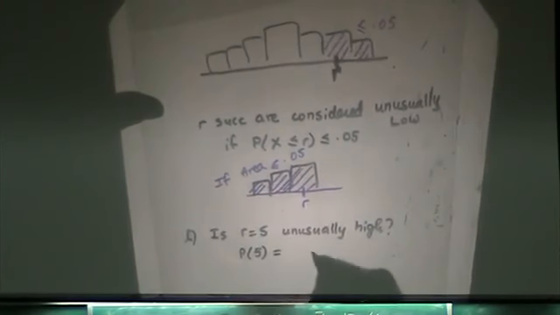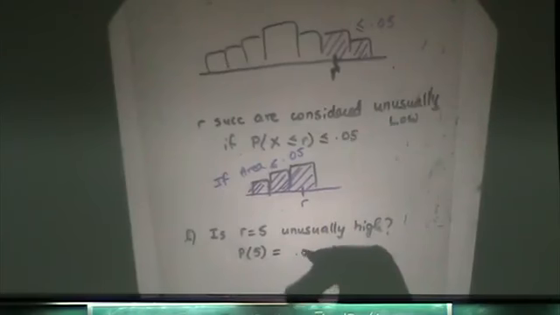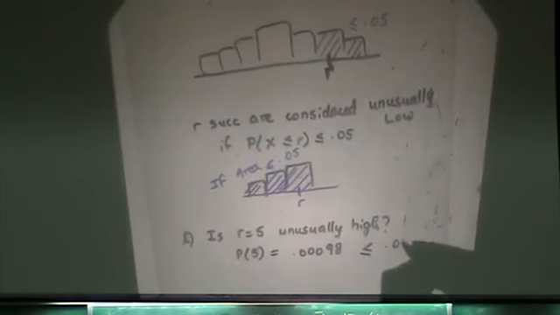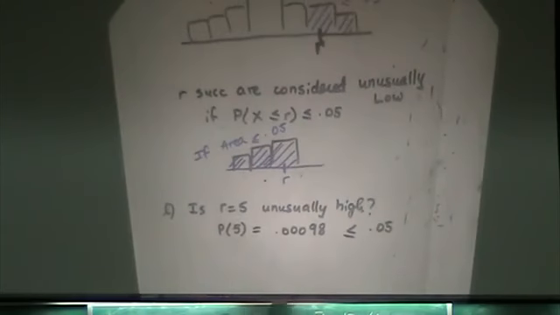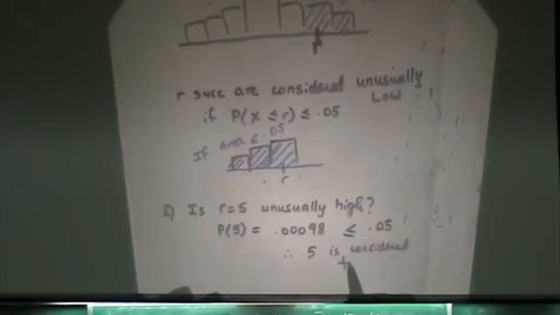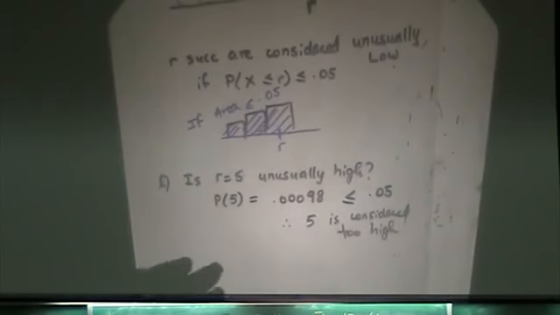So P of 5 turns out to be 0.00098, which is in fact less than or equal to 0.05, according to the definition of unusually high. Therefore, 5 is considered too high. Get it? You want to look at the area in the tail past that number. So the probability of that number and more, or more, I should say.